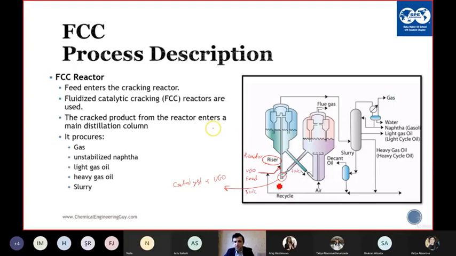And of course, when they meet, the total temperature becomes 500 plus, and then all the VGO is evaporating, and evaporation and the reaction go immediately. And with the help of the catalyst, you have 1 to 3 seconds residence time in the riser reactor from here to this part, where the reaction goes on, and then all the VGO is cracked.